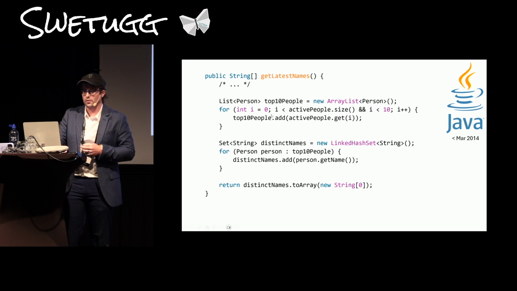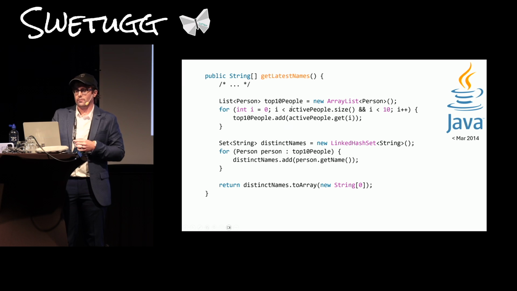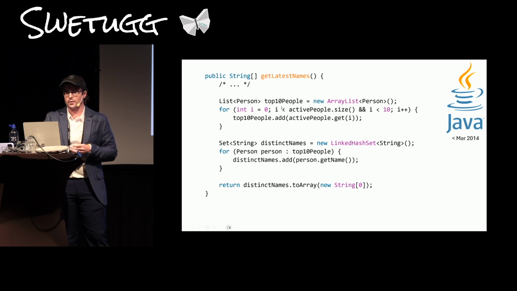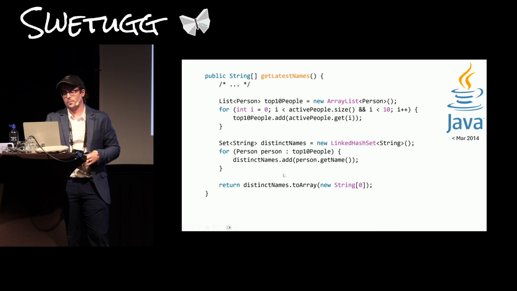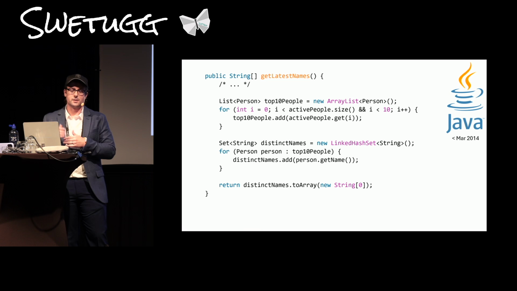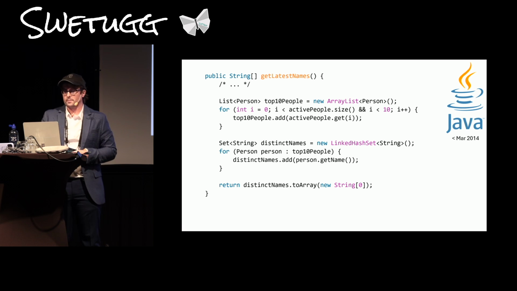Then for the top 10, you do a 10-time loop, and you add the top 10 from the active people into that array, and for distinct, you use a hash set, okay, makes sense, and add it all over, and then to array it all. To be honest, this is not as fun to read. You can understand it, and this is probably what's going on behind the scenes in LINQ. But seeing this makes me very happy that we have LINQ, where you can just see 5 lines of code instead of whatever that was, 20.